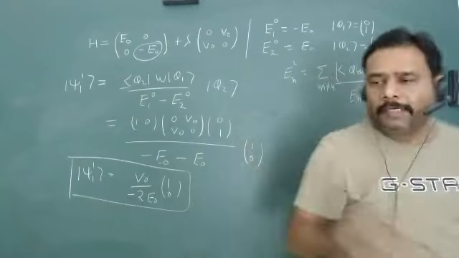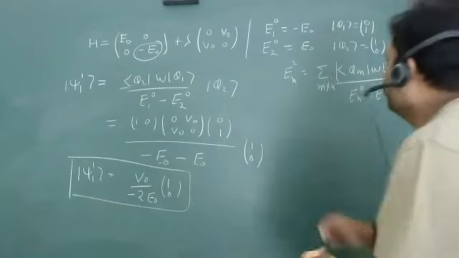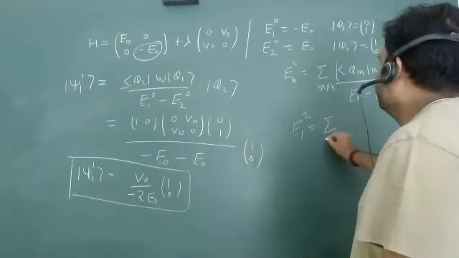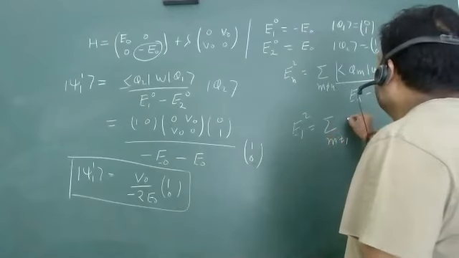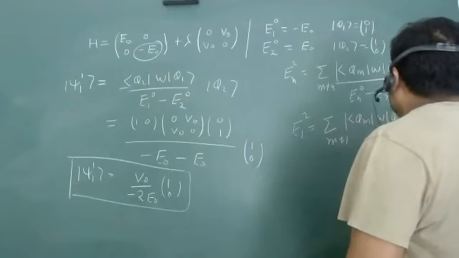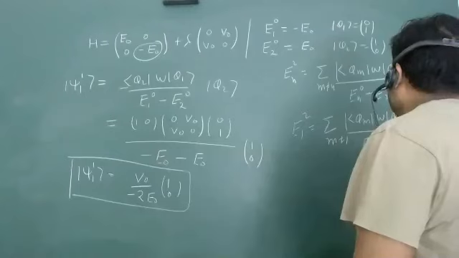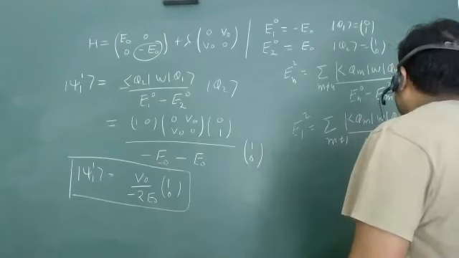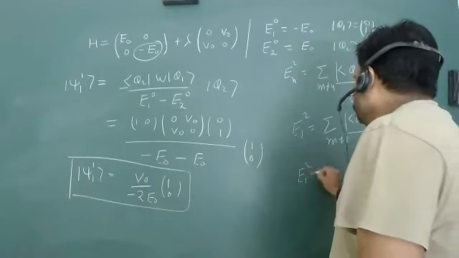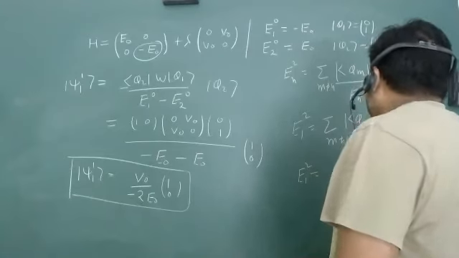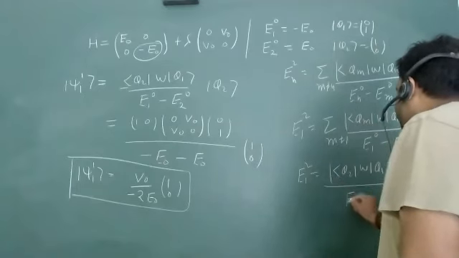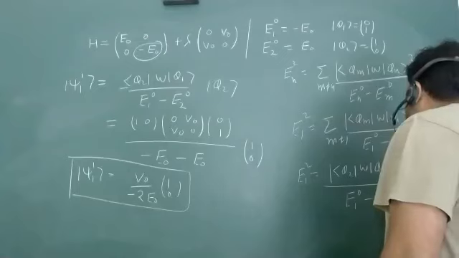Looking at this, tell me what will be E12. It will be written with m not equal to 1, so you write phi m W phi 1 mod square over E10 minus Em0. m not equal to 1 means m is only 2. So En2 is equal to phi 2 W phi 1 mod square, over E10 minus Em0.